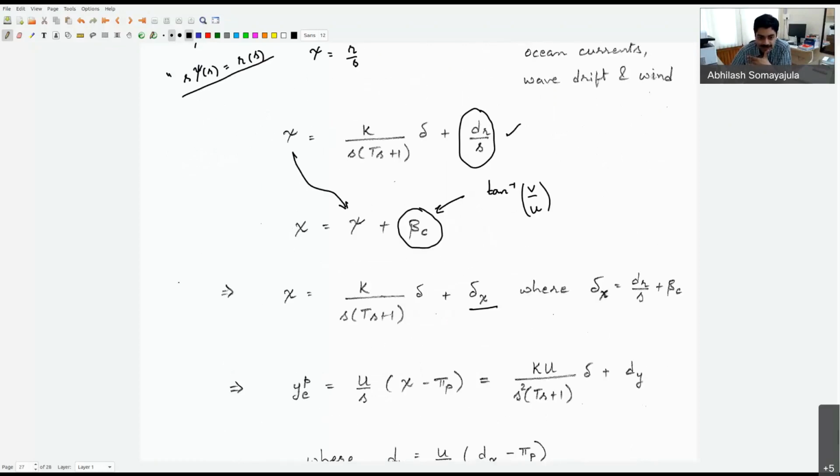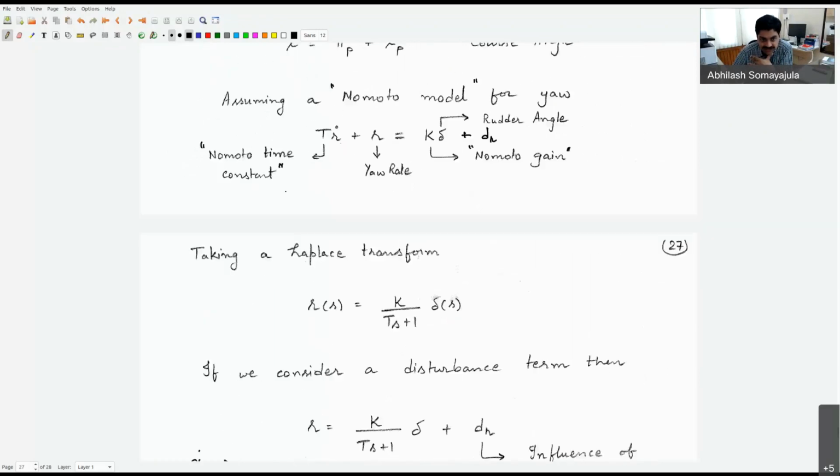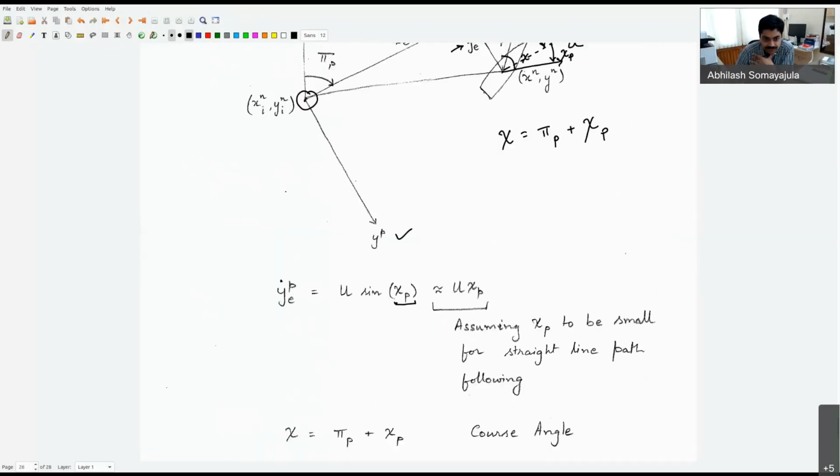Now, why am I going through all this effort? I'm trying to put everything together in terms of the so-called cross-track error. Now that I have the course angle, see, we started all of this with the idea that ype dot is equal to u times chi minus pi p. So if I know the course angle, I can find the expression for the cross-track error.